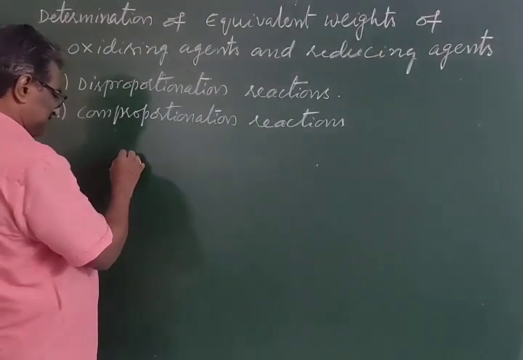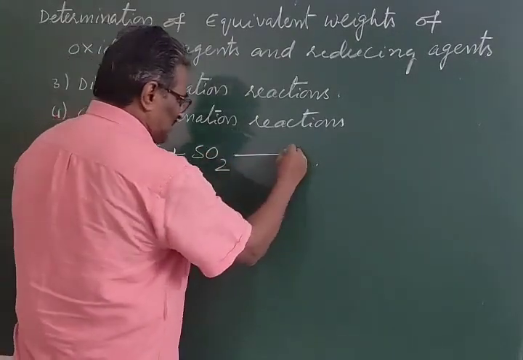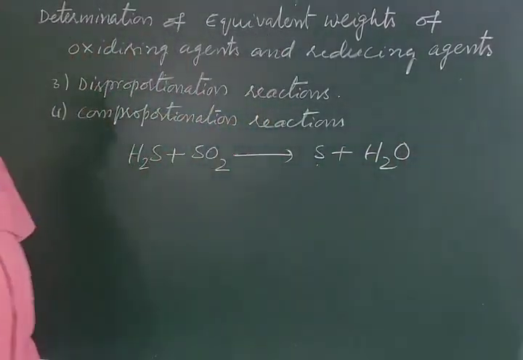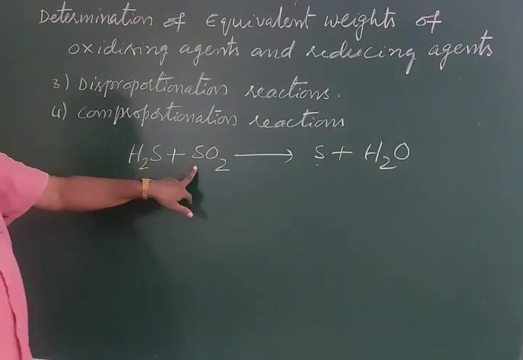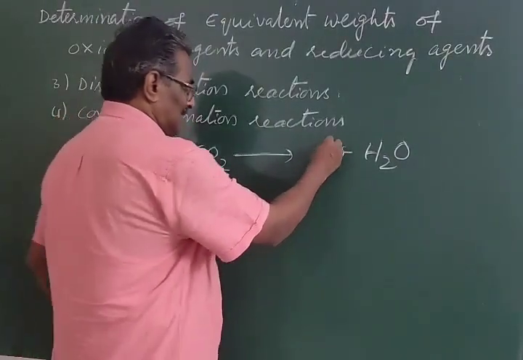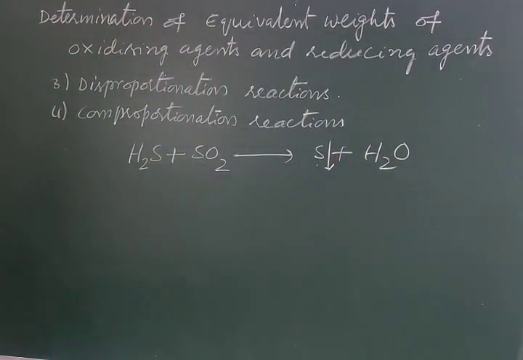For example, H2S plus SO2 gives rise to S plus H2O. When hydrogen sulfide gas is made to react with sulfur dioxide gas, we get droplets of sulfur, or deposition of sulfur on the polar parts of the container.